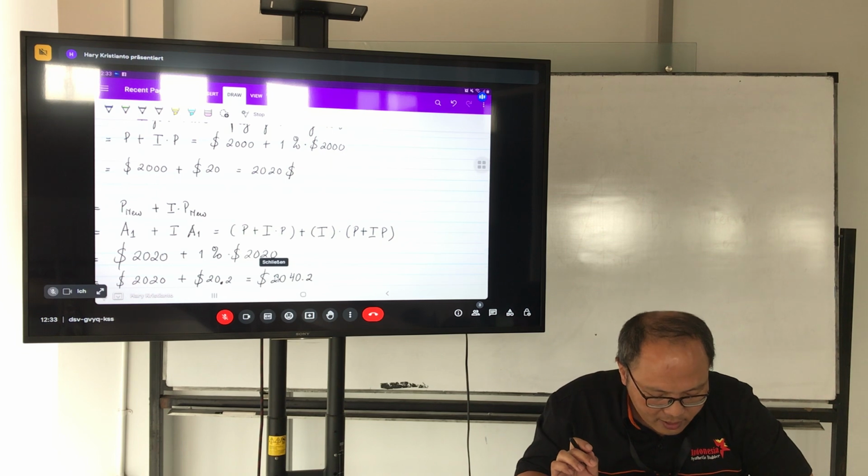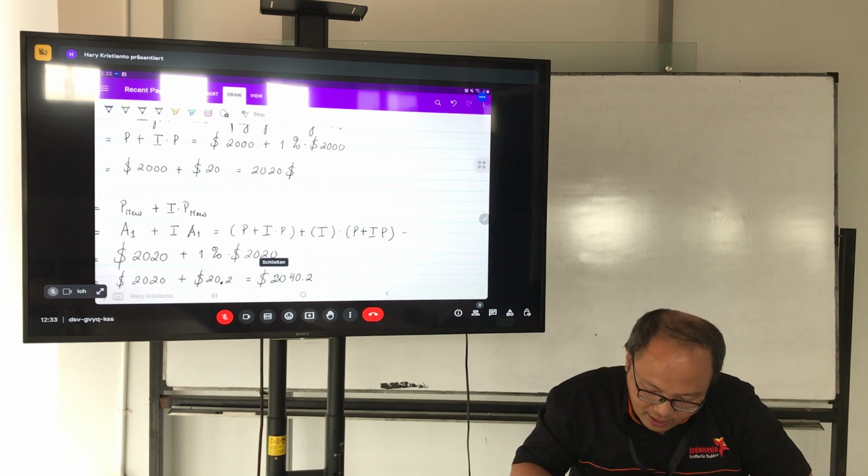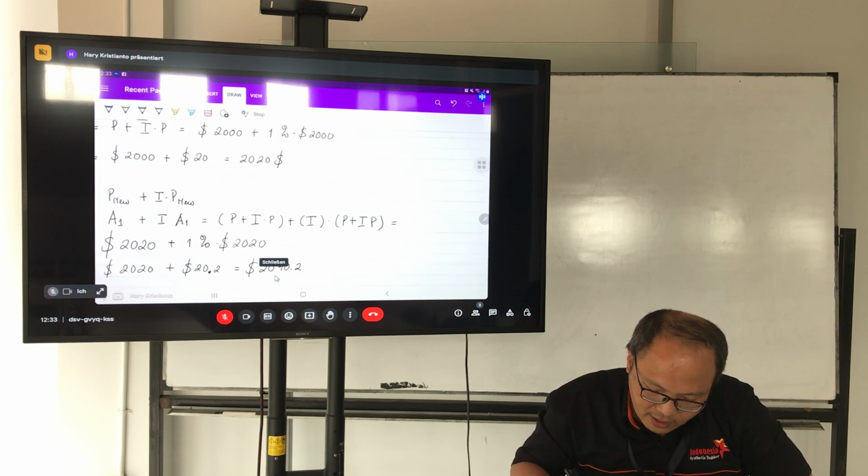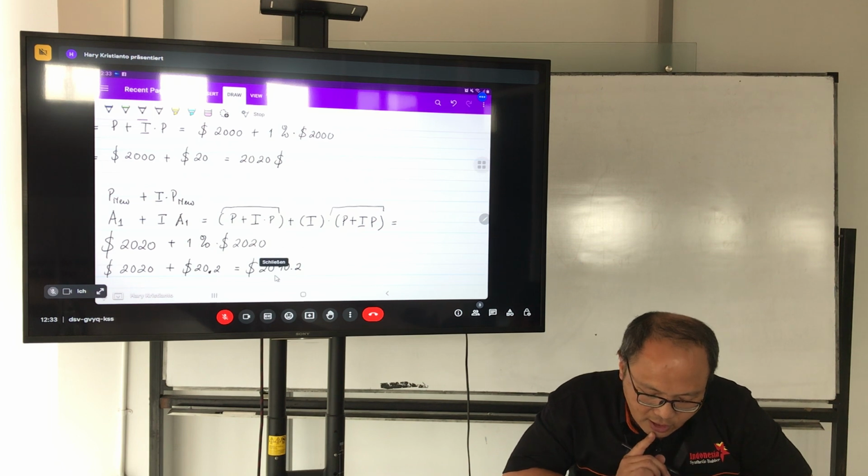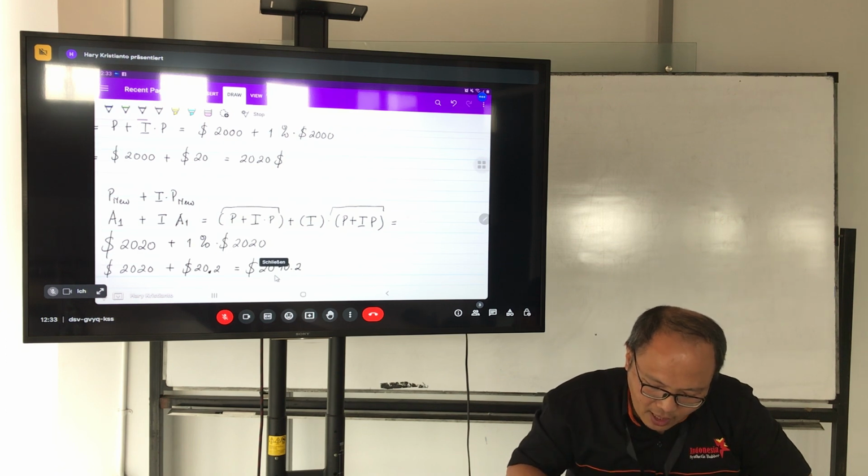You can simplify this using algebra. Help me please then. Can we simplify this using the algebra? Yes. These are the same terms. Am I right? Yes. So I can factorize this.